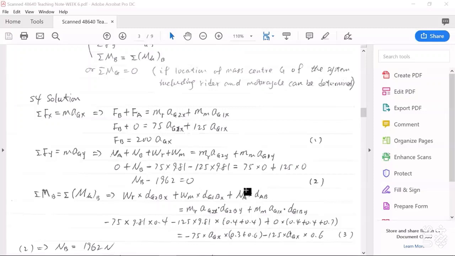Again, here, NA, we already know it's 0. For WR and WM, the moment of these two about point B should be negative. On the right side of this equation, it should be kinetic moment.